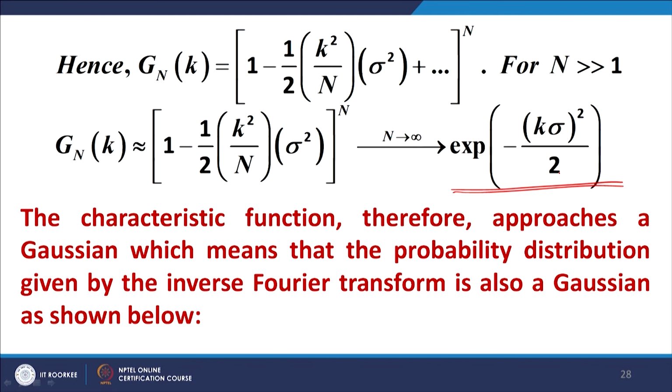But because the Fourier transform of a Gaussian is a Gaussian, and this is simply an unnormalized Gaussian expression, it follows that the P(x) that it will correspond to is also Gaussian. That can be seen as I will show you in the next slide.